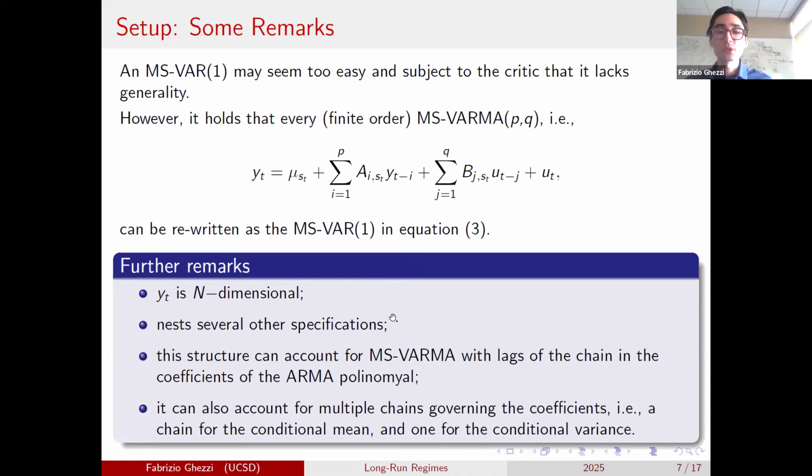You can also nest time varying predictability specifications. And so it's a very general class of models. So it's going to be MSVAR1, but that guy is representing a whole class of Markov switching specifications. So it's a very rich setup.